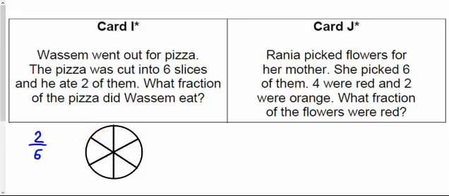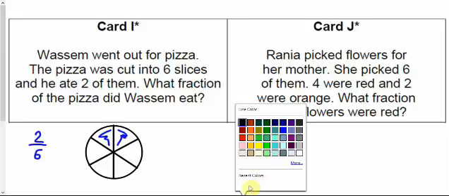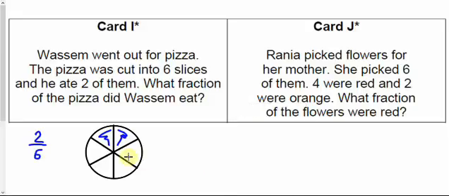If Wasim ate 2 slices, if he ate this slice and this slice, so now what is the fraction that he ate? 2 out of 6 is right, but we can say that 2 out of 6 is the same as, what would the part be?